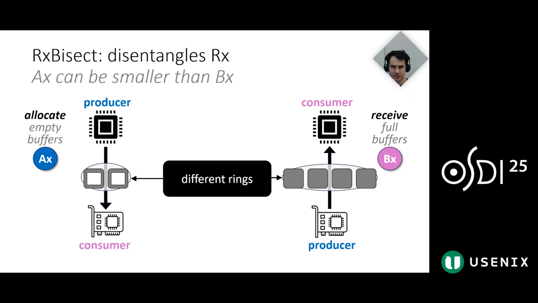Since the size of the AX ring determines the I/O working set size, we can reduce the I/O working set by shrinking AX rings. And to absorb bursts, we share the buffers of AX rings, while BX rings remain as large as the default ring. The takeaway is that by disentangling the two producer-consumer mechanisms, we address both the I/O working set problem and the single bursty flow problem.